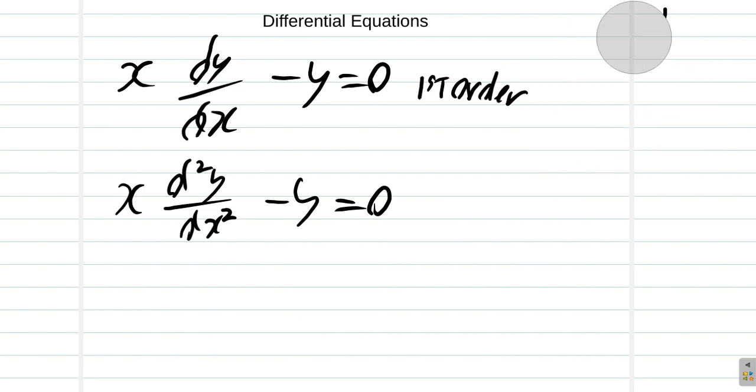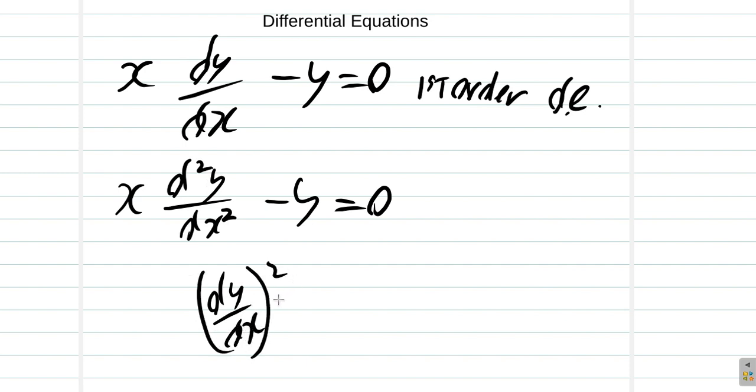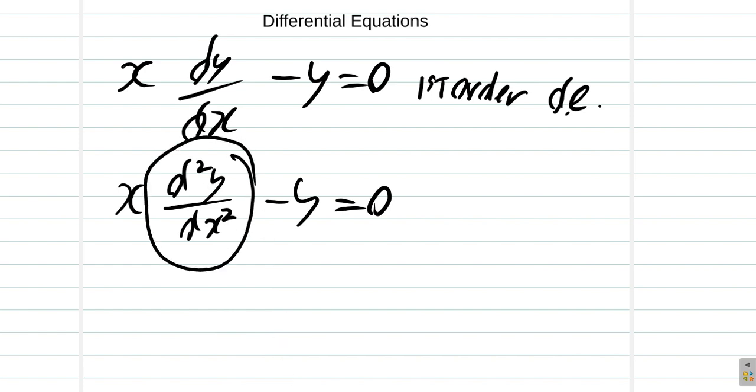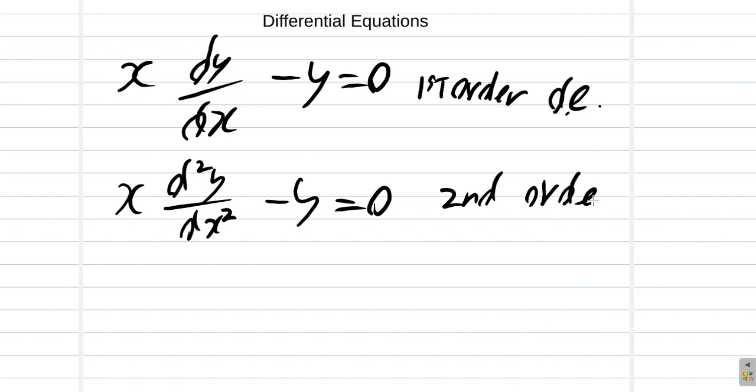Sometimes differential equation is shortened and you just say DE, first order DE. In this case, you have d squared y by dx squared, the second derivative. Because you have d squared y by dx squared, you say this is a second order differential equation, right?